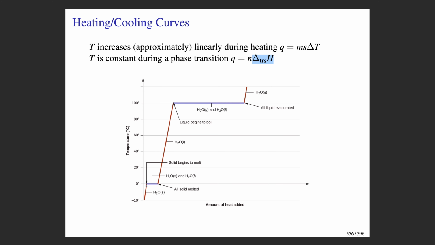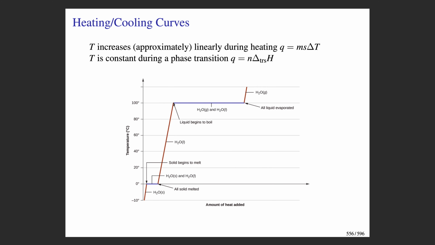So the amount of heat that you add to convert the solid to the liquid is related to the number of moles of sample that you have times the enthalpy of the phase transition. Once you melt all of the solid and you have all liquid, then you start heating up the liquid. You're adding heat, and the temperature increases linearly according to this relationship, where you're using the specific heat now of the liquid, not the solid.